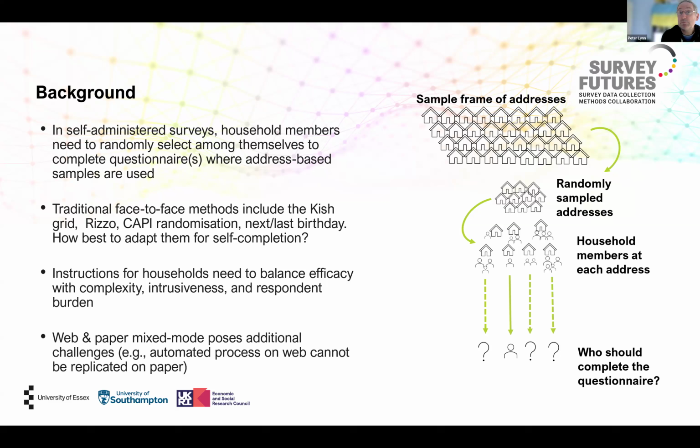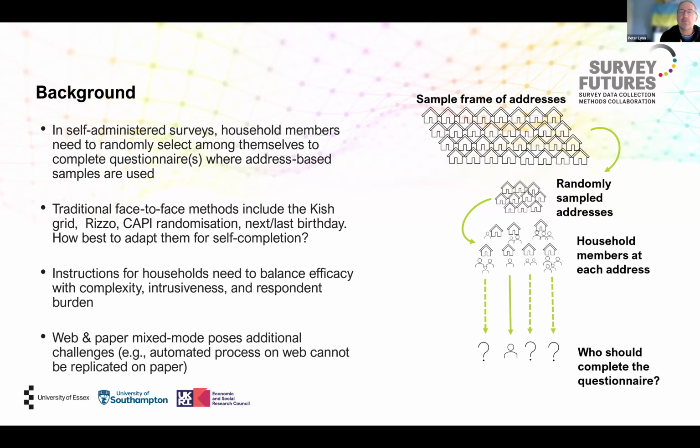So when it comes to the self-completion context, what we're looking for is a method which, on the one hand, should give us a good representative random sample of people in some sense, but on the other hand, is not so complex that people will carry out the selection incorrectly, because there's no longer an interviewer there to administer the selection.